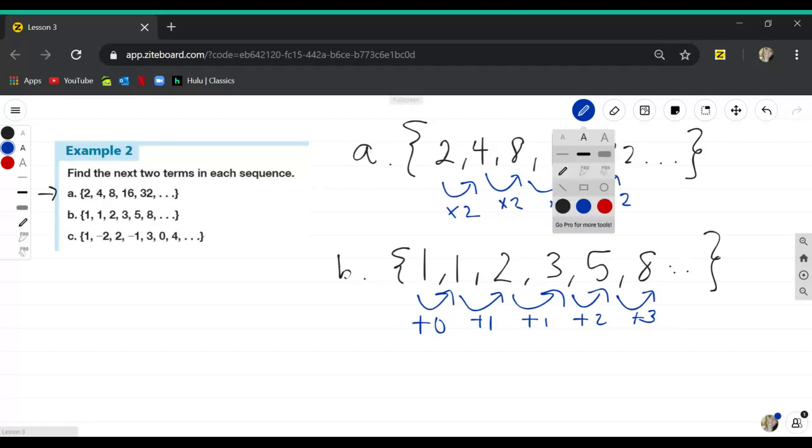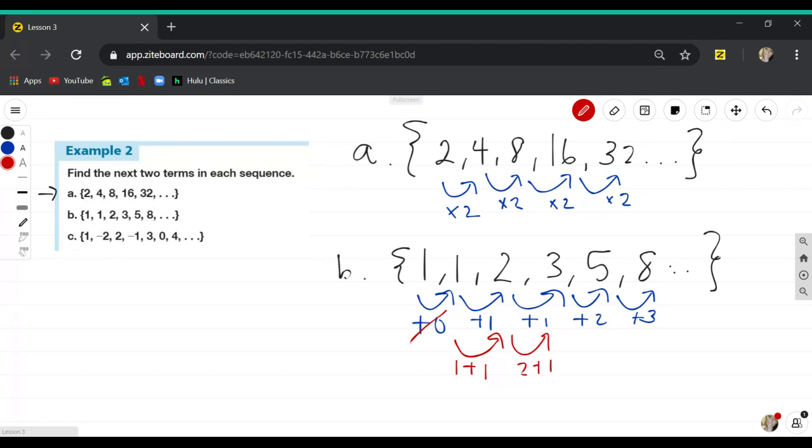So in that case, if we start from here, from 1 to 2, it's 1 plus 1. From 2 to 3, it's 2 plus 1, because I get 3. From here to here, it's 3 plus 2. From here to here, it's 5 plus 3.